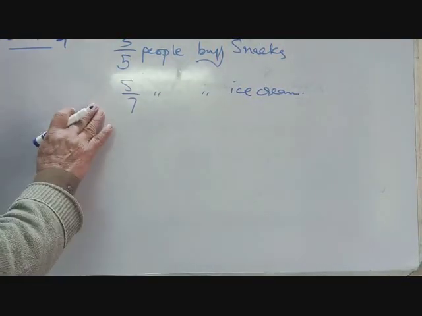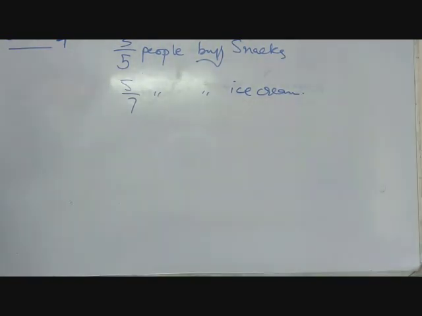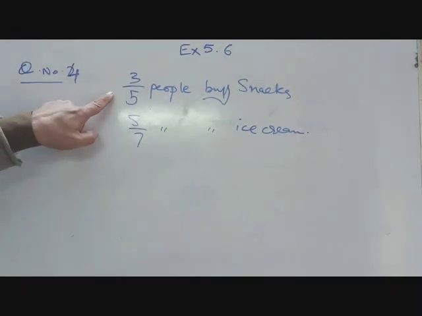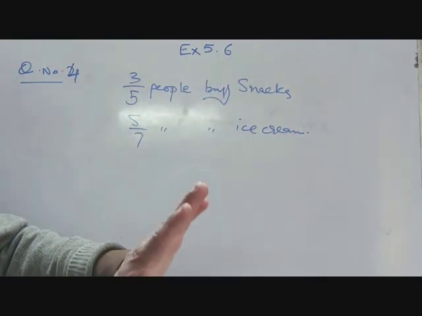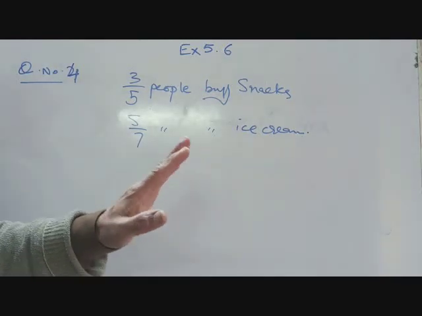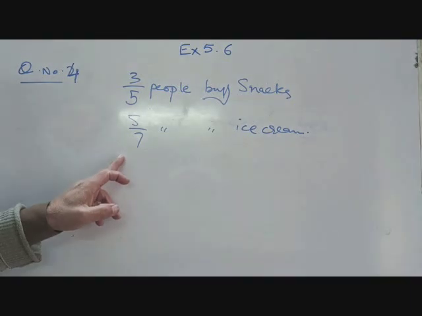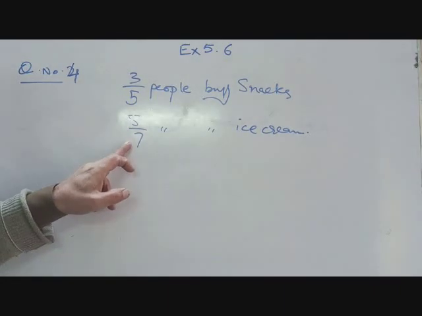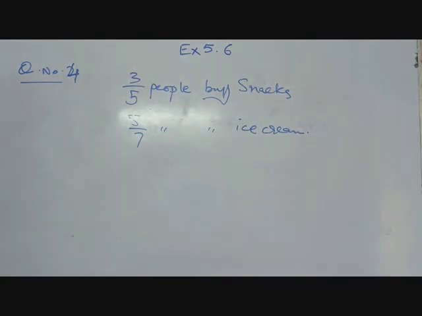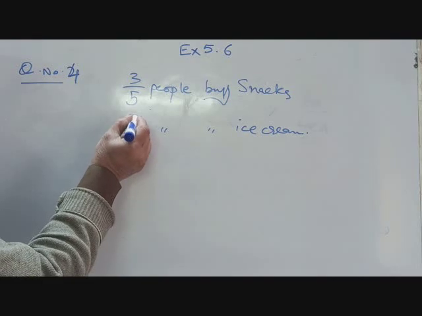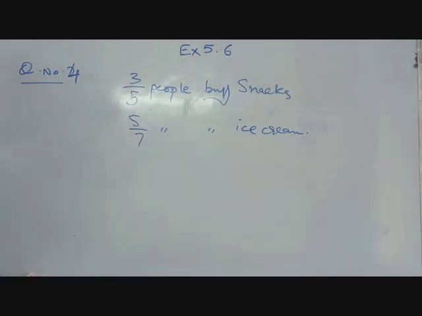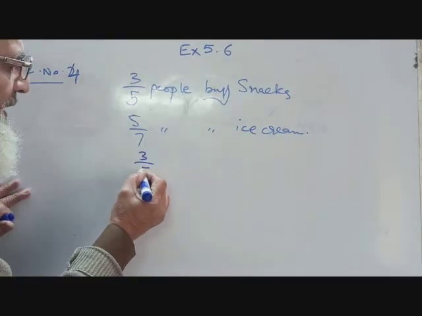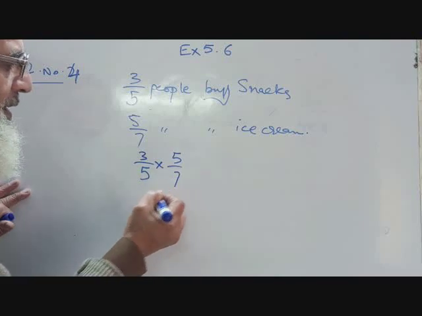Now, it is very simple again. My dear students, 3 by 5 people buy snacks in that cinema house, out of which 5 by 7 people buy ice cream. So it is very easy to calculate: 3 by 5 multiplied by 5 by 7.